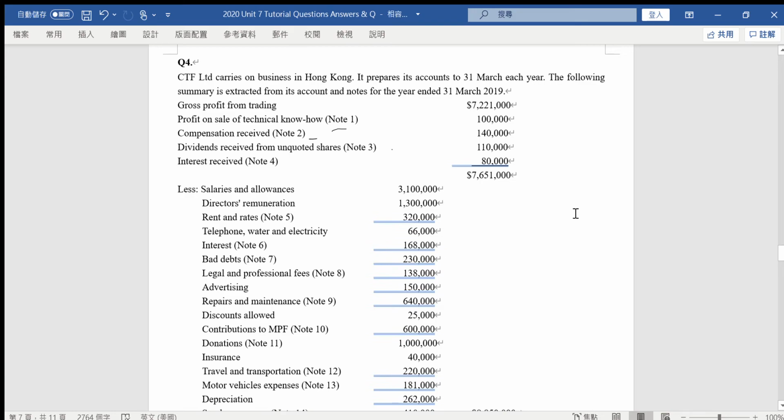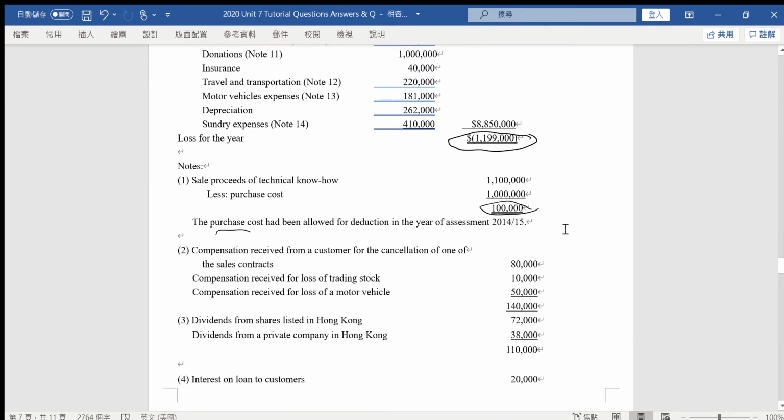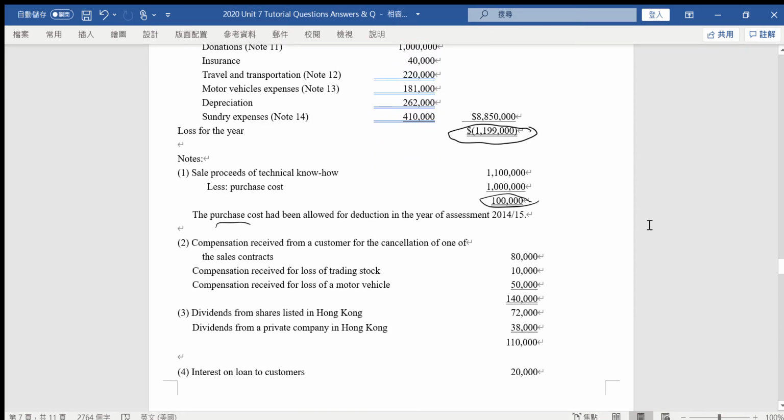Okay, then the second one is the compensation receipt. Compensation receipt is about Note 2 and 140,000. But looking at this one, it includes three items, and the first is compensation received from a customer for cancellation of one sales contract.